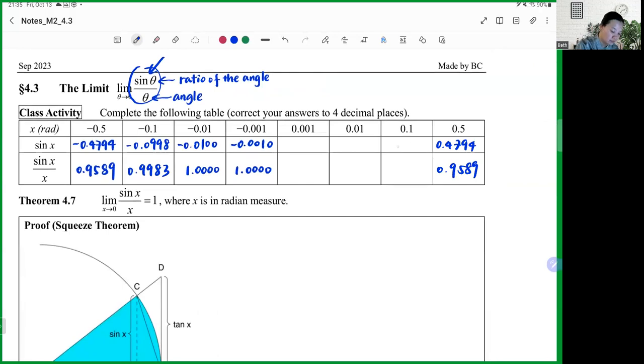And when it gets smaller, it's very close. So by studying with evidence, we conclude that this is a special limit, and the limit is 1.